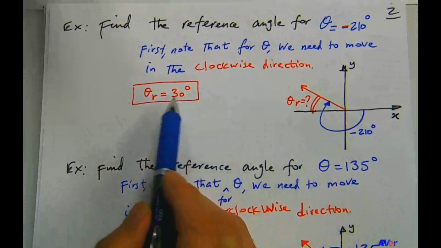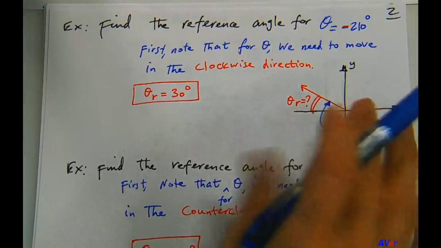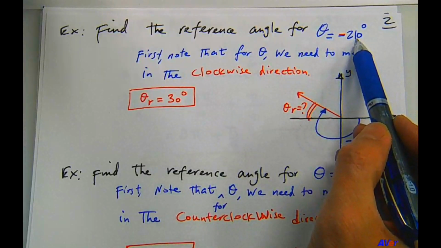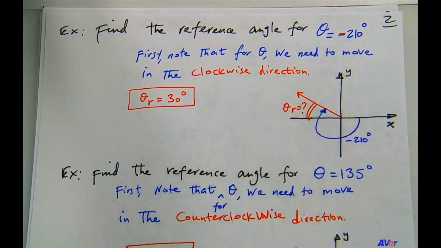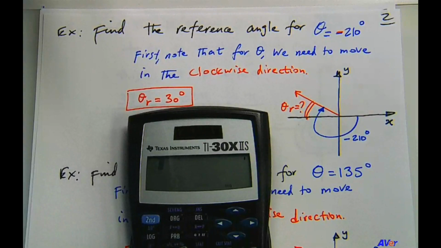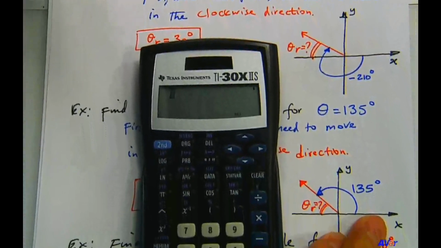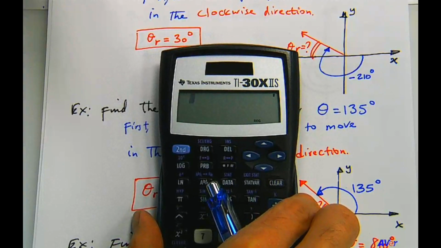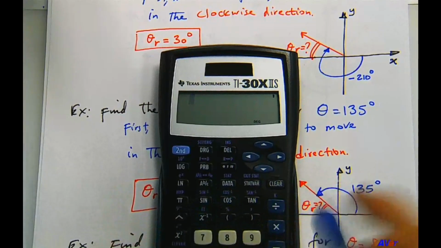So here, to calculate the value for, say, sine of negative 210 degrees, right? Let's do that here on my calculator. So you can see it here.